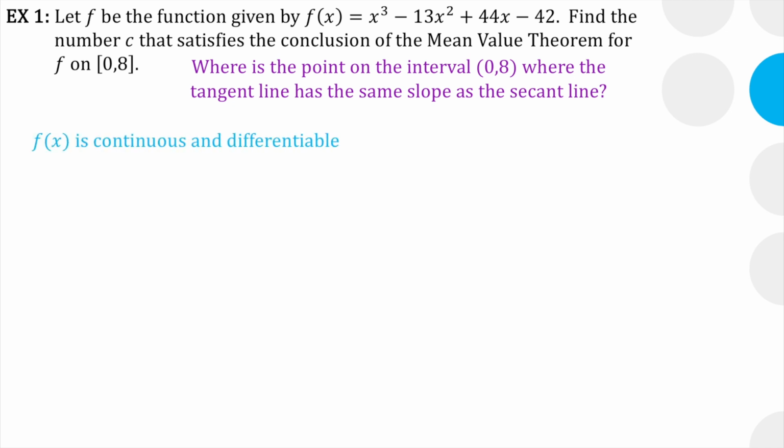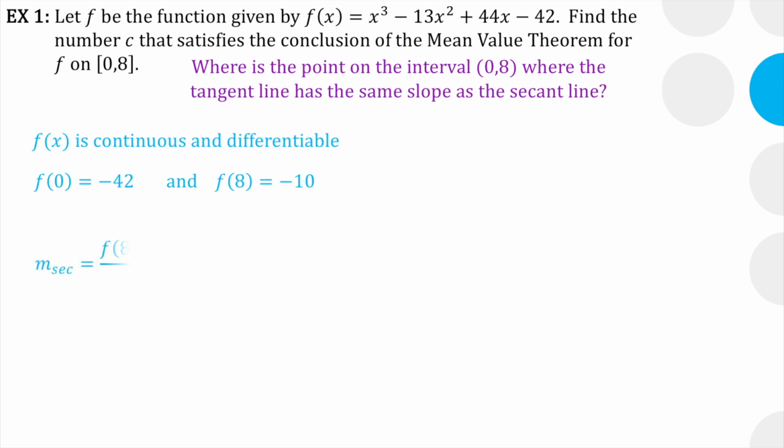First of all, if we're going to use the mean value theorem, we have to state that f of x is continuous and differentiable. Now we can start doing some math. We need the point at the beginning, so that's f of 0 equals negative 42, and we need the point at the end of the interval, that's f of 8 equals negative 10.